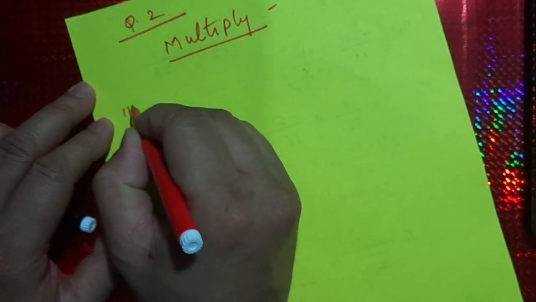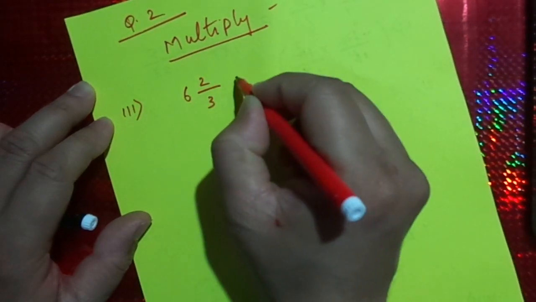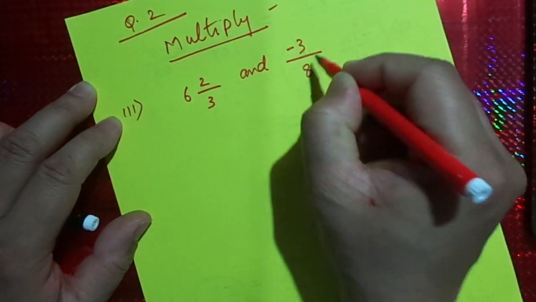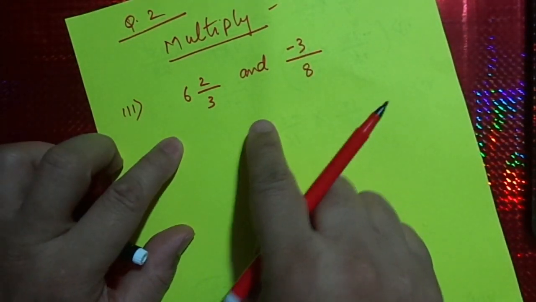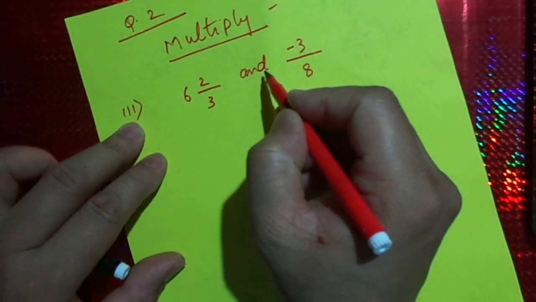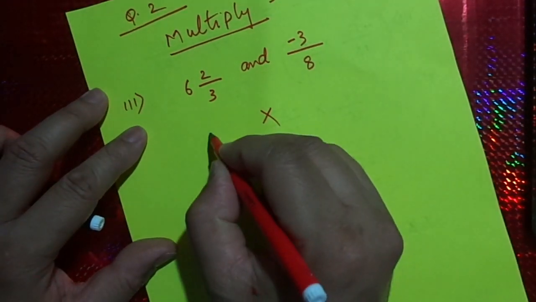Like when you do number 3, 6 2 by 3 and minus 3 by 8. They have said multiply this and this. So this 'and' symbolizes multiplication. I'll put the sign of multiplication over here.